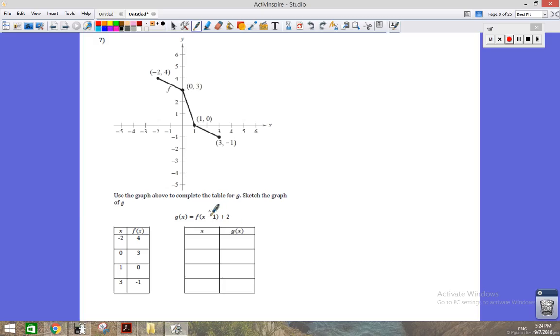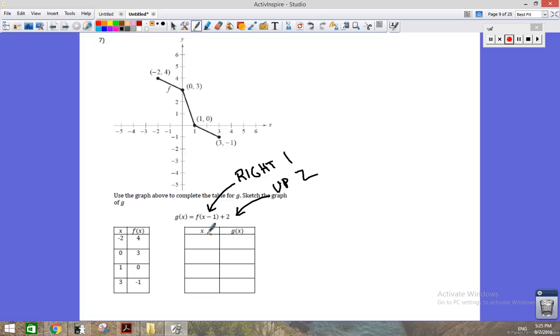Inside the parentheses, when your transformations are on the domain, on the x values, it's bizarre in its behavior. So I'm expecting that -1 is actually going to result in shifting the graph to the right 1 unit, and this +2 is normal in its behavior, positive is up and negative is down, so I'm expecting this is up 2.